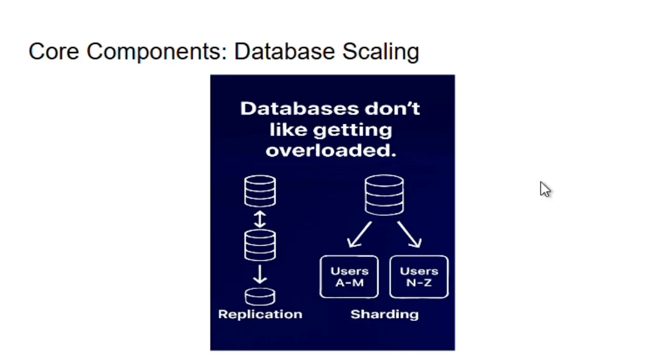When it comes to scaling, we use replication to improve availability and fault tolerance, and sharding to split the dataset into smaller, faster chunks, like storing users A to M in one shard and N to Z in another. But that can create hotspot problems. For example, if all traffic hits one shard because of a trending celebrity. To fix this, we use consistent hashing or other smarter sharding keys to spread load evenly across shards.